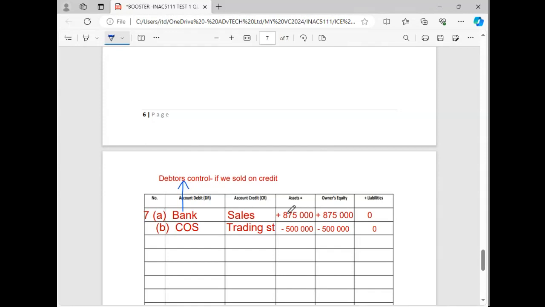Since our assets are increasing because we sold, sales, it means we have money coming into our bank. So our assets are increasing. Since they're increasing, we have owner's equity because sales is an income. So since our assets are increasing, we have to increase also our owner's equity.